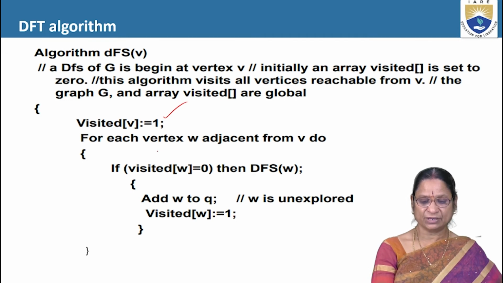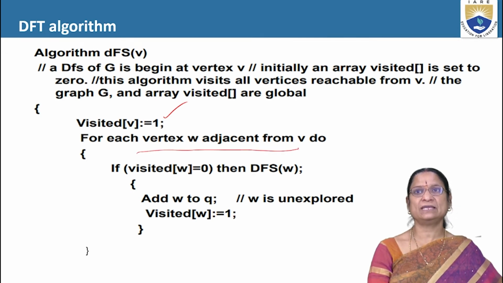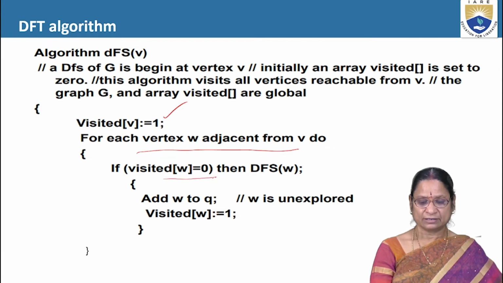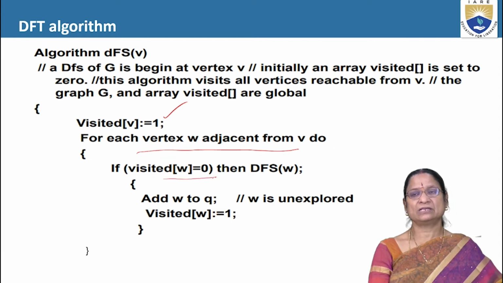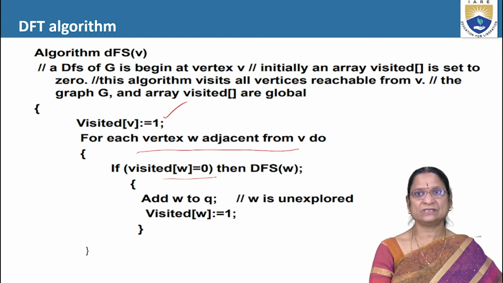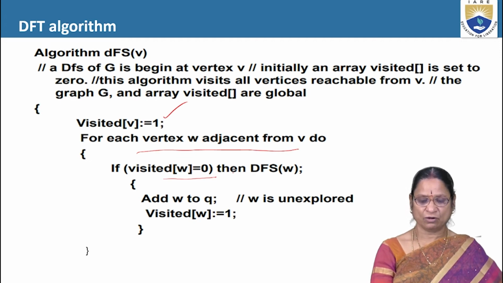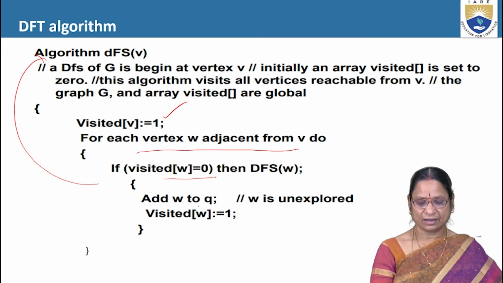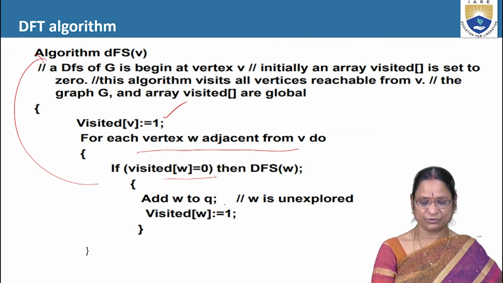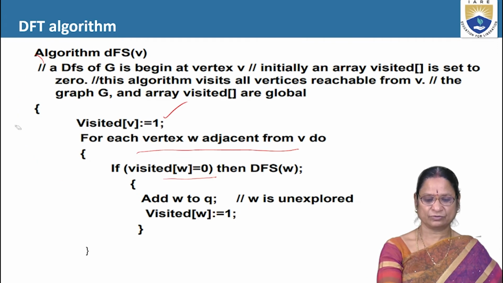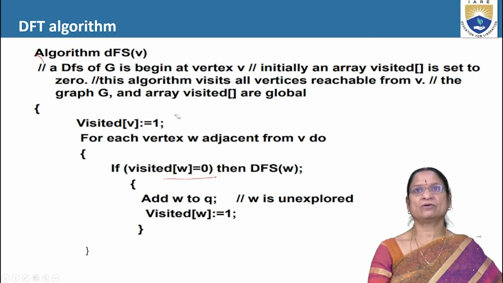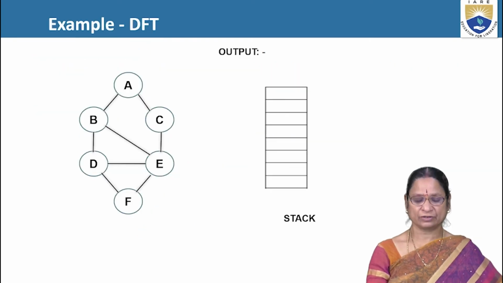We check all adjacents of V and check the status of the respective vertex. If it is equal to 0, then we call it recursively. Otherwise, we add it to the queue and mark W as 1. So this process is a recursive call on the respective vertex.